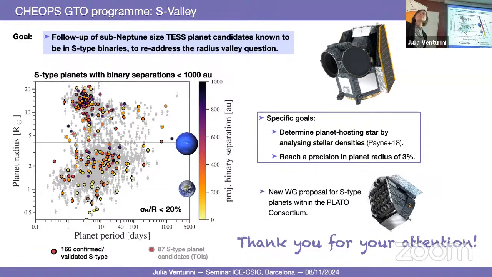And more questions? I was wondering, do you expect the Venturini effect will be visible in the reduced value if you consider also stellar rotation or metallicity, or is that something you expect to affect it? That's a great question. About stellar rotation, honestly, I don't know.